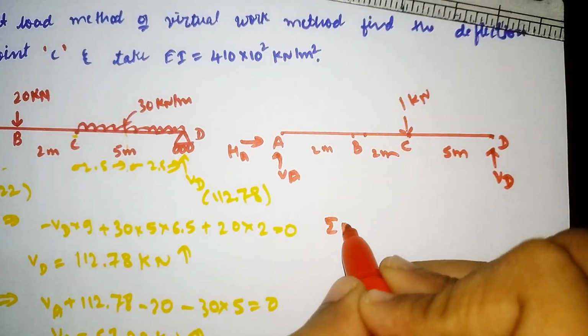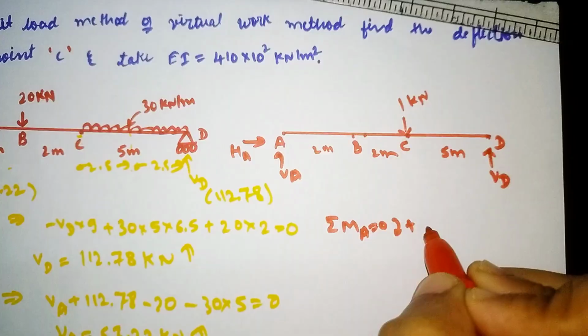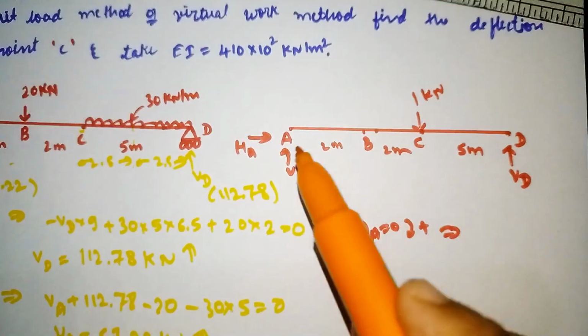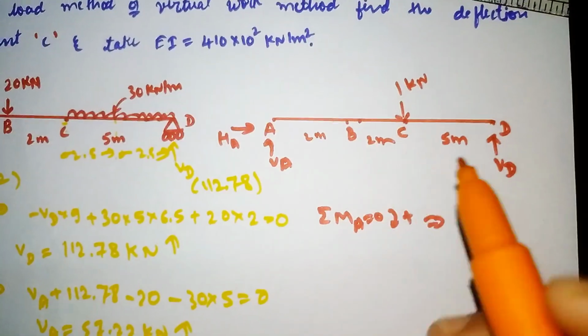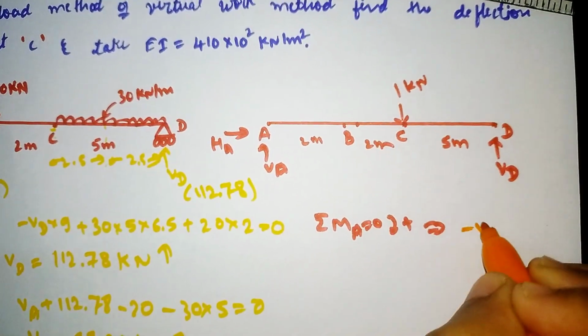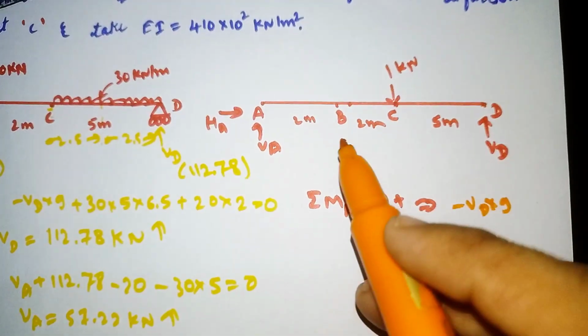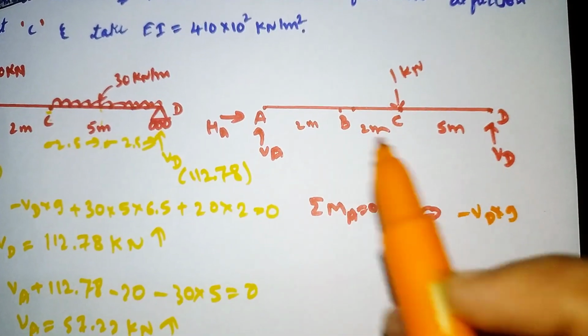Summation of moment about A is equal to 0. Clockwise we take as positive. VD is moving anti-clockwise, at a distance from here to here of 9. So minus VD into 9. The 1 kilonewton is moving clockwise at a distance from here to here of 4 meter.